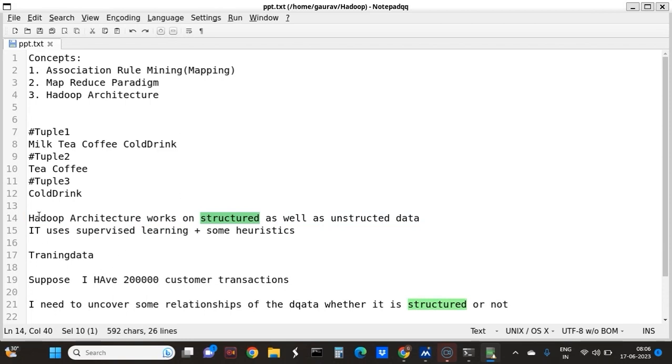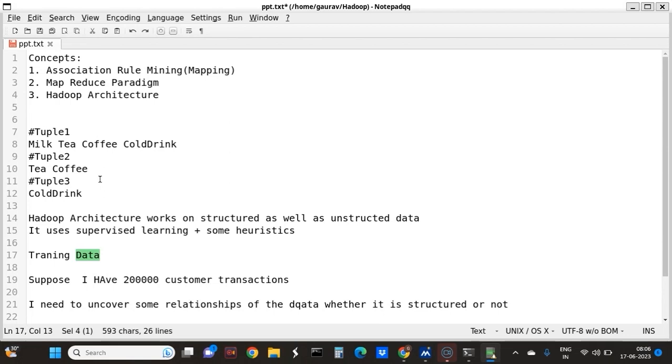It uses supervised learning because some data is required. That data is called training data. The training data is a set of rows, one for each transaction, and it is used for testing your Hadoop code on your local machine.